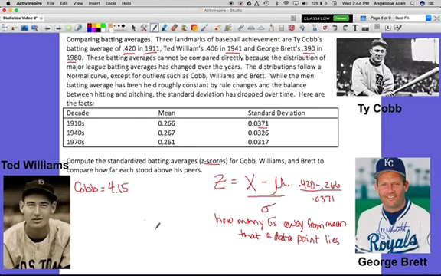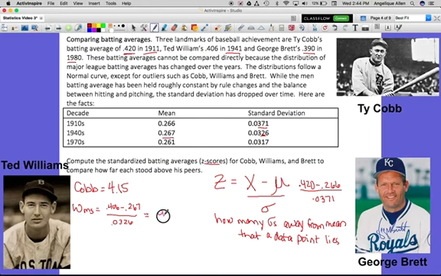All right, so let's do the same thing for Ted Williams. His average from the problem was 0.406, and the mean for people in his year was 0.267. And then the standard deviation for people in that decade was 0.0326. So how many standard deviations away from the mean was Ted Williams?